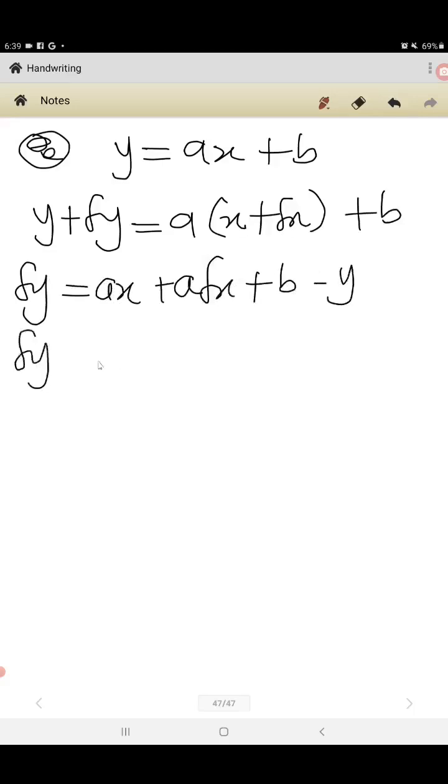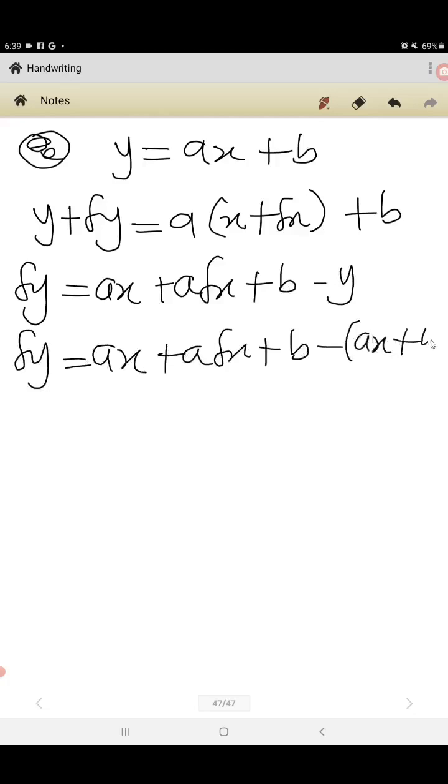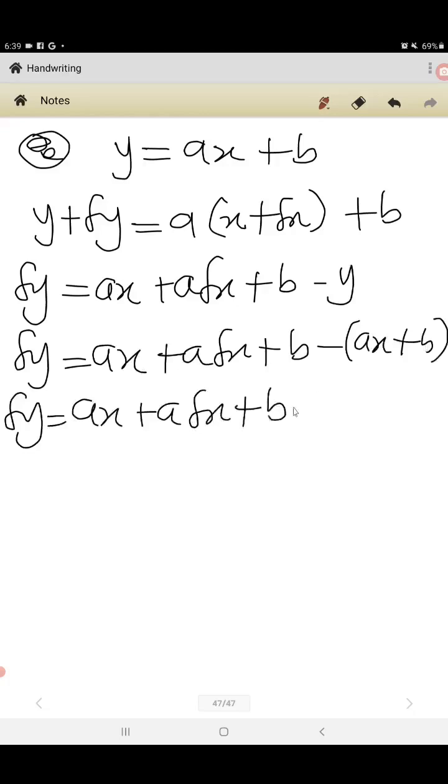So changing y is equal to ax plus a changing x plus b minus ax minus b.